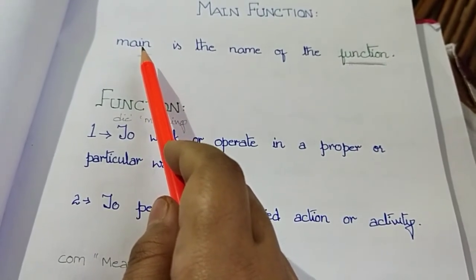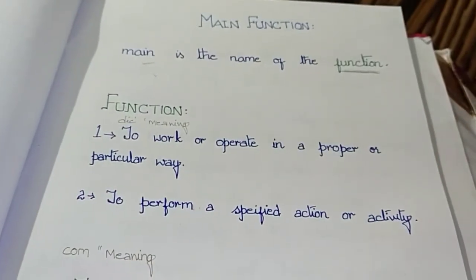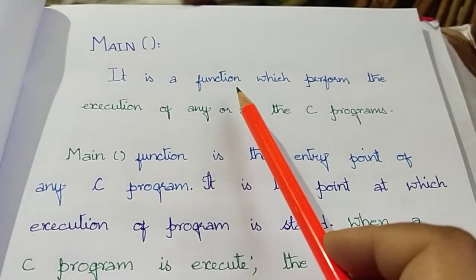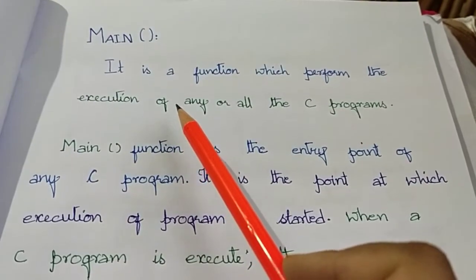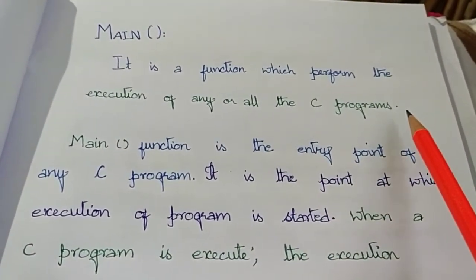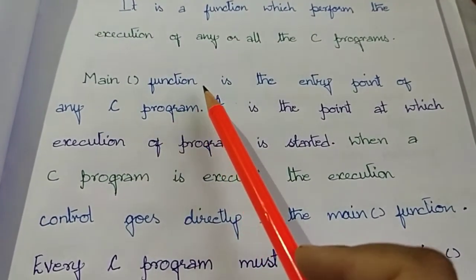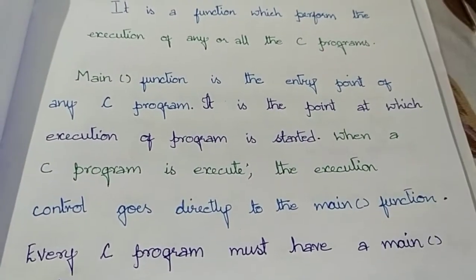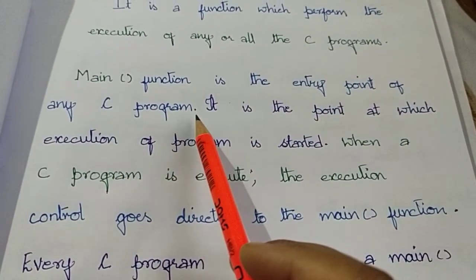So what is that task that our main function will perform? Our main is that function which performs the execution of any or all the C program's code. And we can define main as a function that is used for the entry point of any C program.